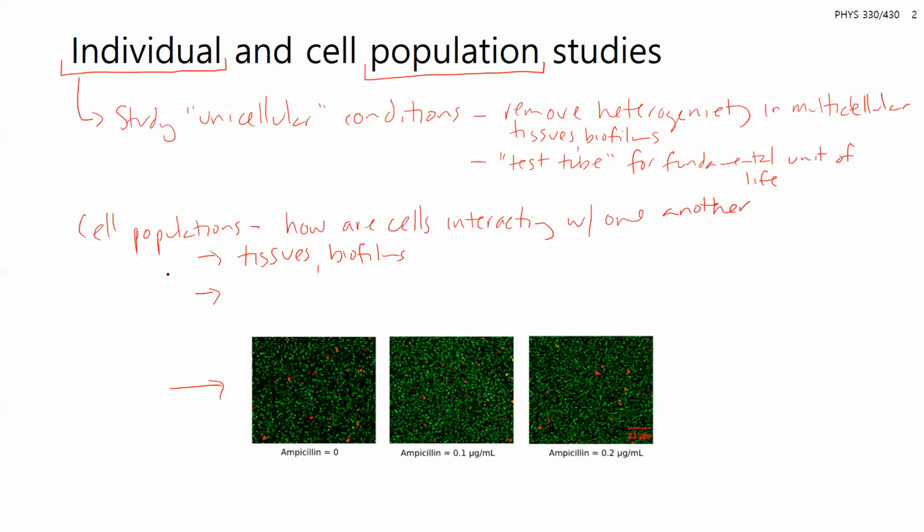But if you're looking at a population of cells overall, a lot of these studies look at how evolution or fitness plays a role over a large group of cells. This might be understanding how well cells survive based on, let's say, their population density, or if you introduce some drug, how do they develop resistance? Antibiotic resistance is a big problem.